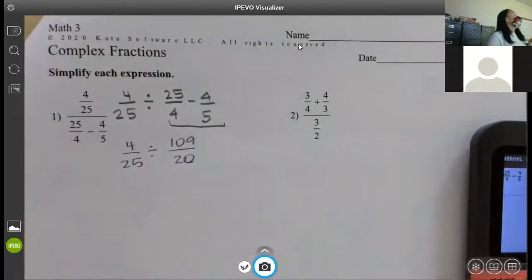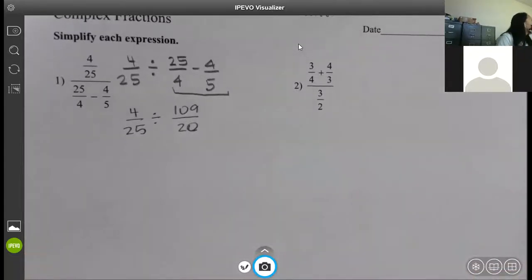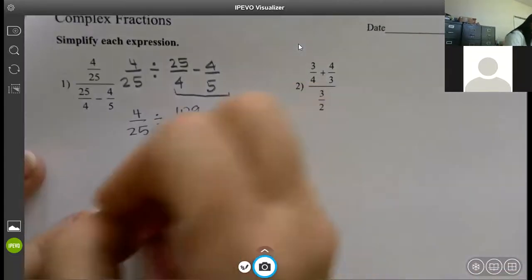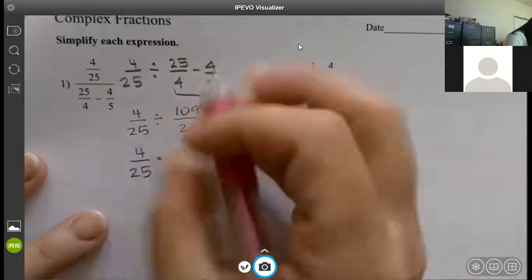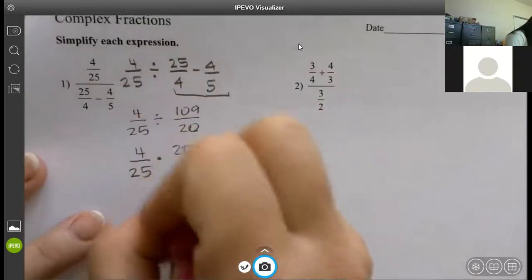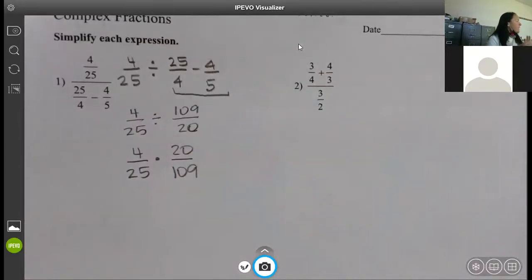And then remember that we don't divide fractions. What do we do to them? Flip and multiply. Yep. Keep the first one, change it to multiply, flip the second one. And now I know we can do this on our calculator, and that's fine, but I just want to show you by hand.